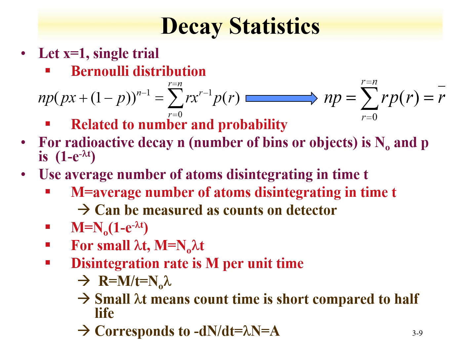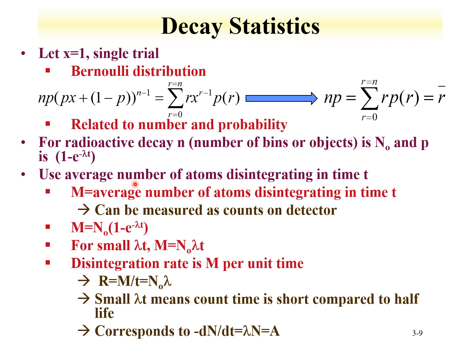This can be measured as counts on a detector. It's not really disintegrations because detectors don't measure all the counts. So there's a difference between a count rate and an actual decay because of the detector efficiency. But we can certainly use counts as a stand-in.